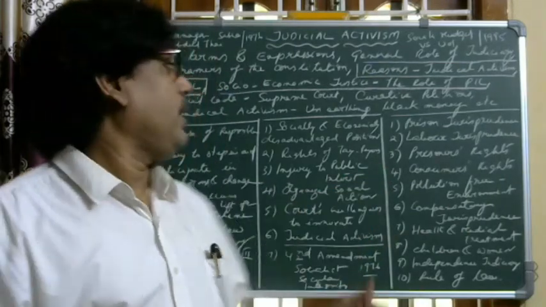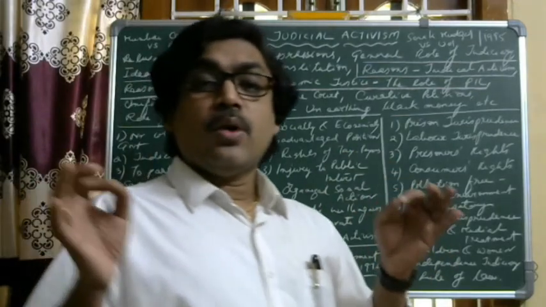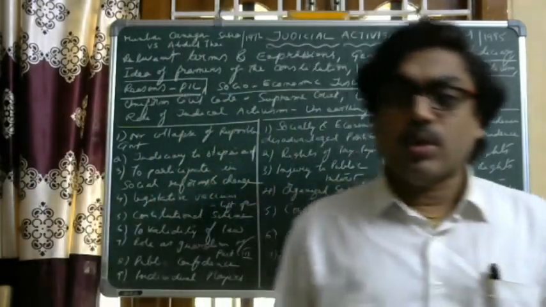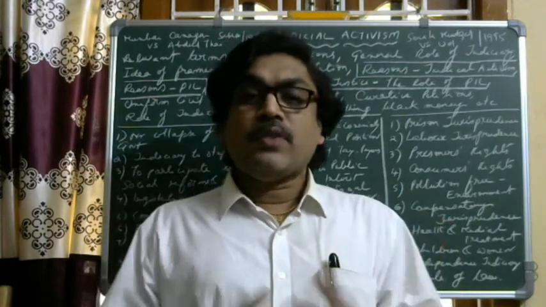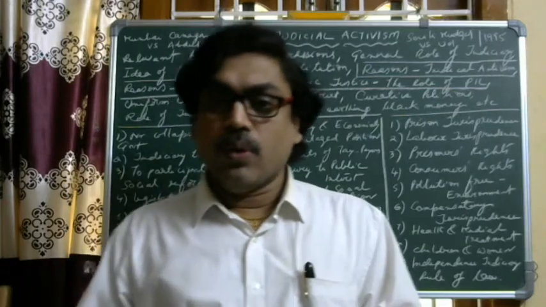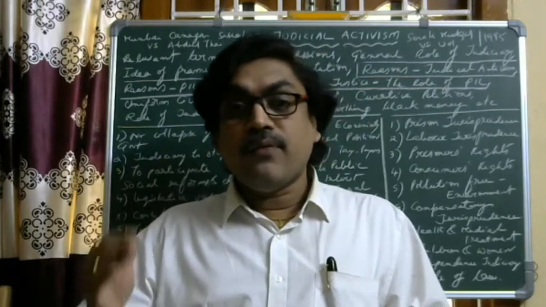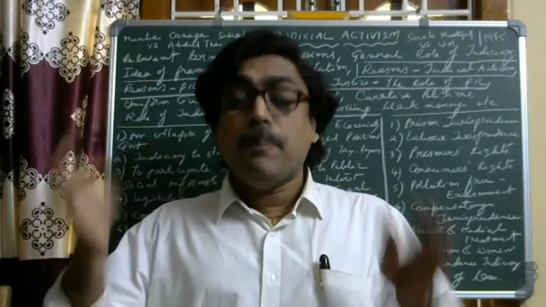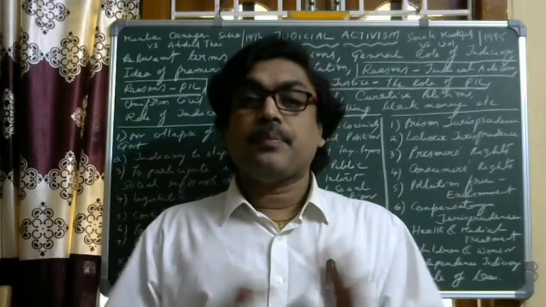The next one is the Uniform Civil Code and the role of the Supreme Court of India. In Part 4 of the Constitution of India, Article 44 directs the state to implement the Uniform Civil Code in the entire territory.